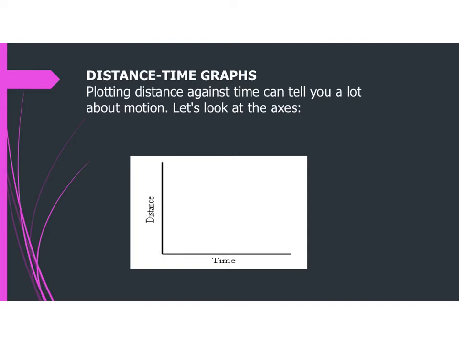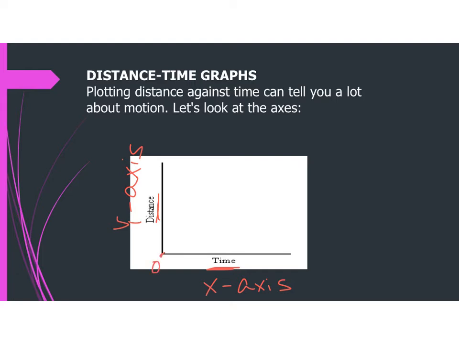So look at the bottom where time is. Now this is our x-axis. Now if you look on the side where distance is, that's our y-axis. Now I have to say that when you're looking at this, remember this point right here is 0.